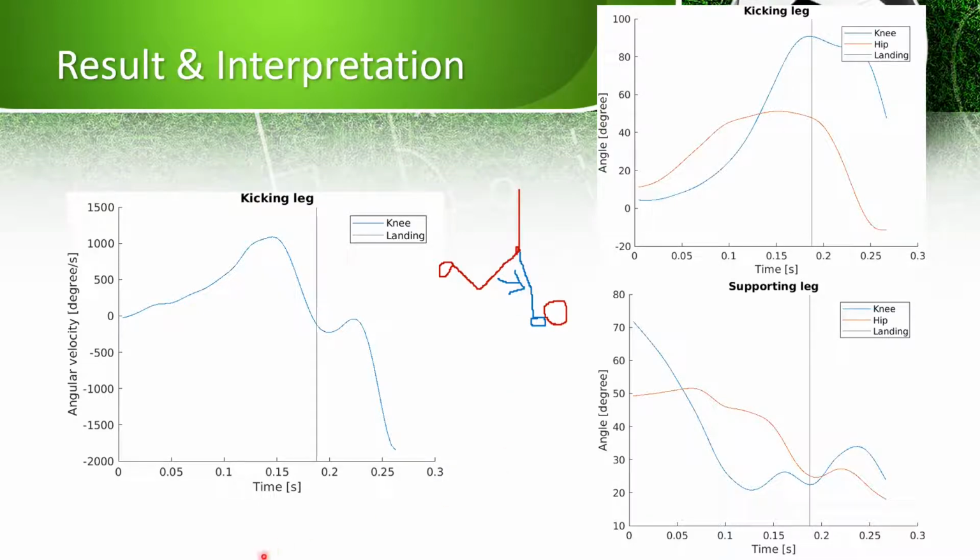I deleted everything, but I'm just gonna rewrite here the body, thigh, and shank here. Okay, so this is a supporting leg, right? So the thigh is located in front of the body. Yes, so positive means that the thigh is located in front of the body now, with respect to this body line.